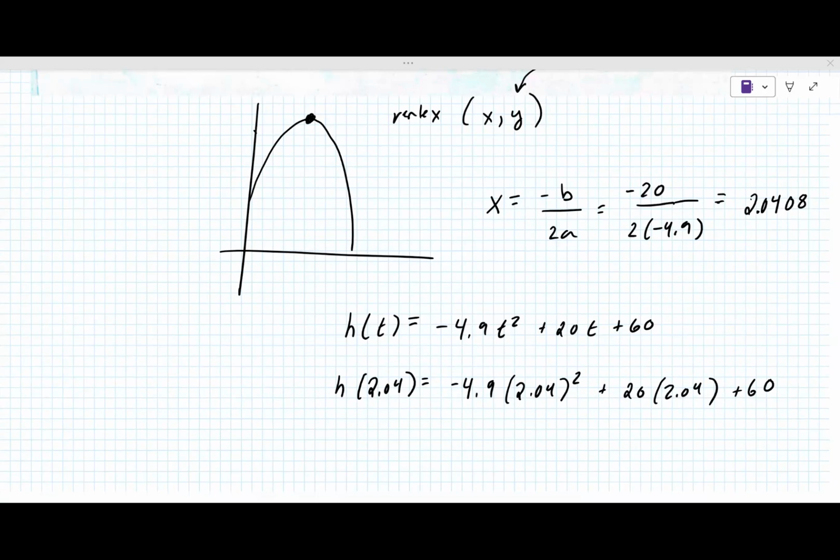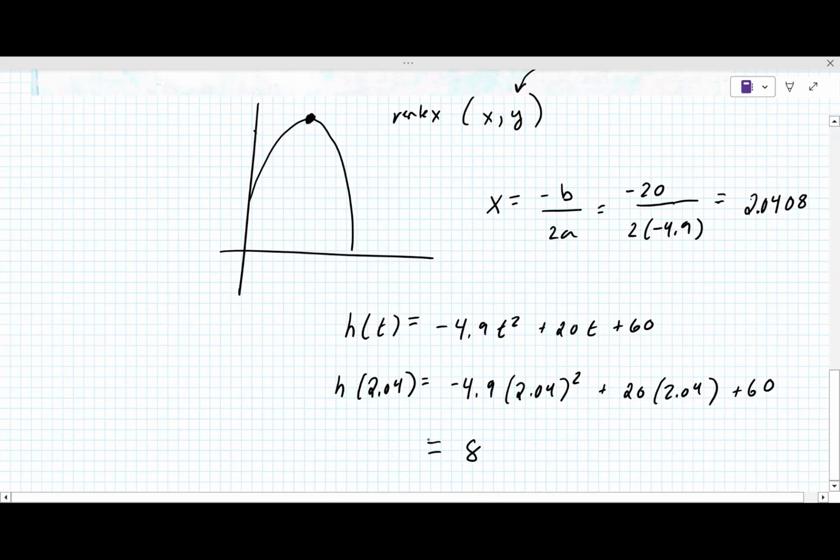And we'll compare answers here. I got 80.408.